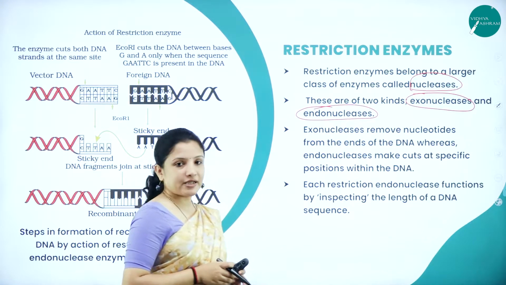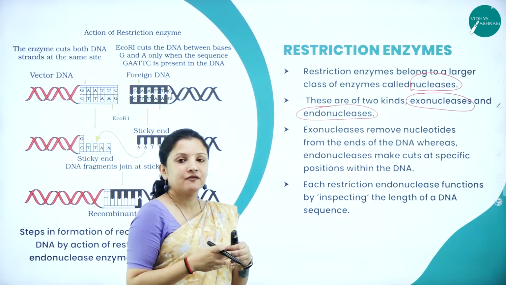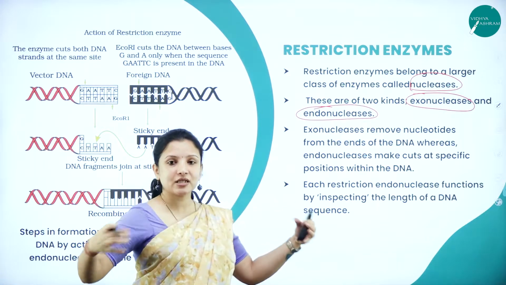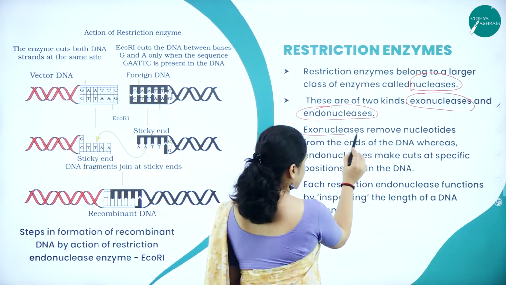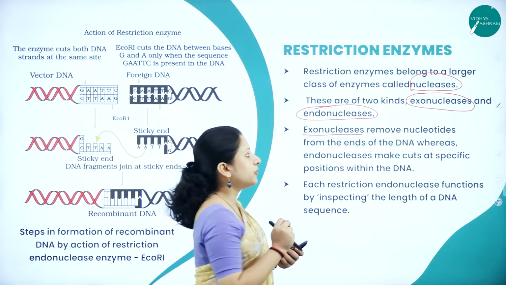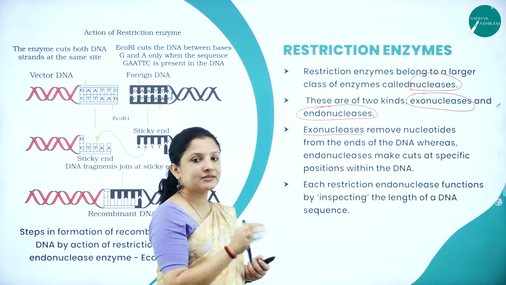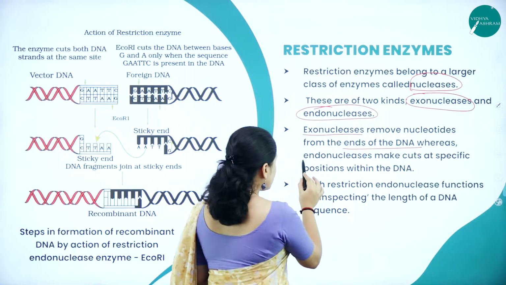Exonuclease removes the nucleotides from the ends of the DNA, that is, the exiting region of the DNA. Therefore, it is called exonuclease. So exonucleases are those enzymes capable of removing the nucleotides from the ends of the DNA.